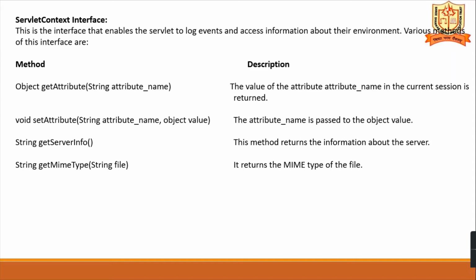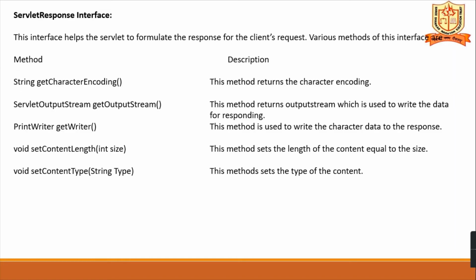And setAttribute, that is String attributeName and Object value. The attribute name is passed to the object value. And getServerInfo, this method returns the information about the server. And getMimeType returns the MIME type of the file. So the ServletContext object is for one web application.